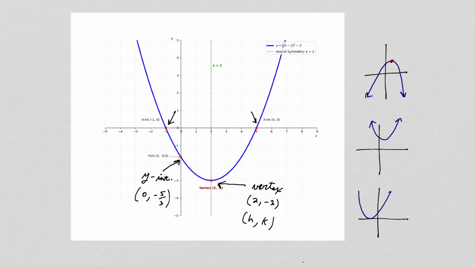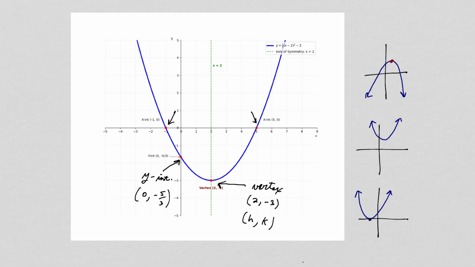In this case, there's only one x-intercept, and we'll talk about this later, but this is called a double root or double zero. Okay, so there's just one x-intercept in that case. But we could also have the case, as in the main picture here, where we have two x-intercepts. So you could either have 0, 1, or 2 x-intercepts.